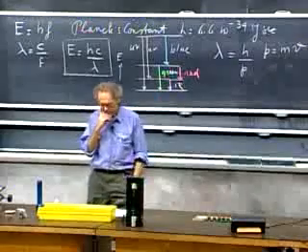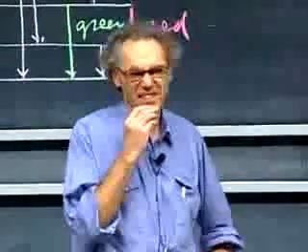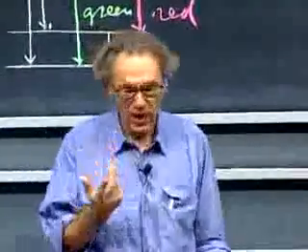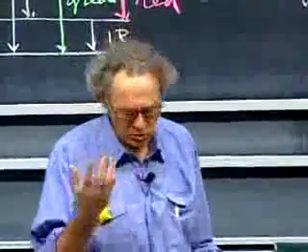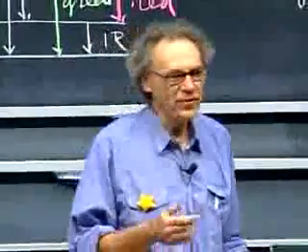Now you may argue, gee, what difference does it make? Who cares whether something is a wave or whether something is a particle? Well, it makes a huge difference. Because waves have crests and they have valleys.